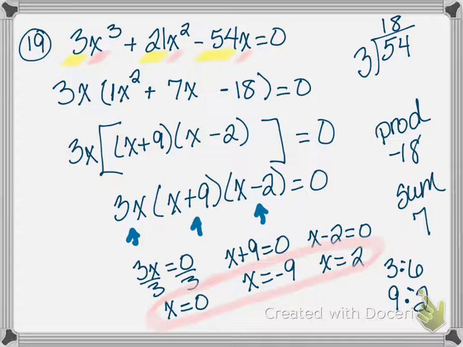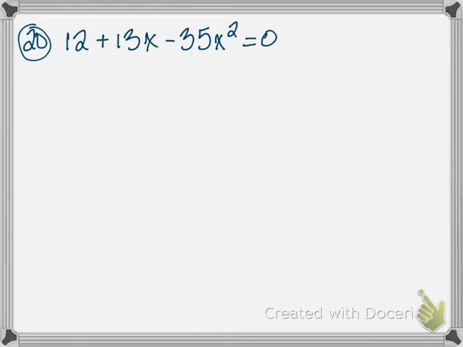Okay? Now, the next couple of ones are going to be a little bit more challenging. So let's just take it step by step. There's going to definitely be some trial and error. We're dealing with some very large numbers here. Now, you definitely will have problems on your quiz and on your test that have a coefficient greater than 1 in front of x squared. You will not have something as large as negative 35.